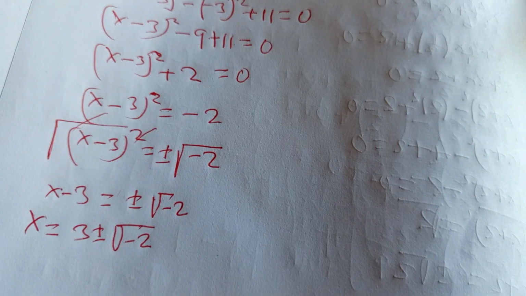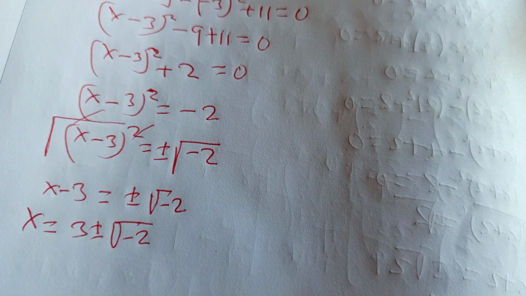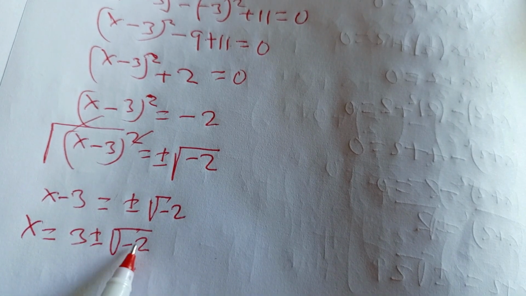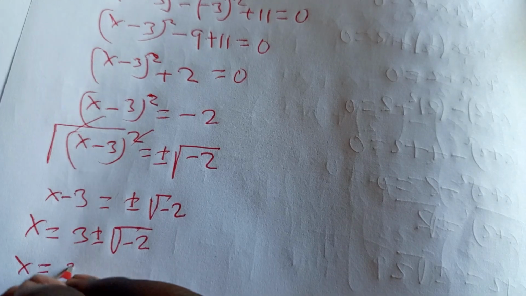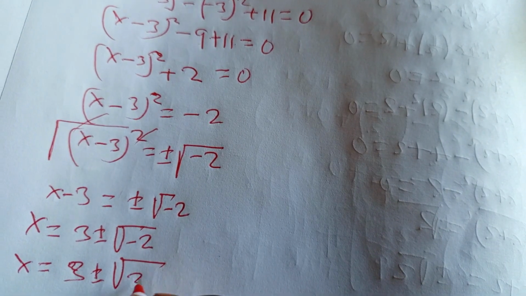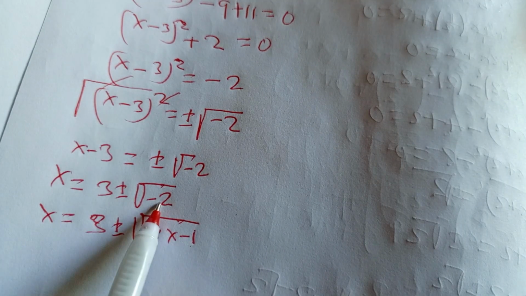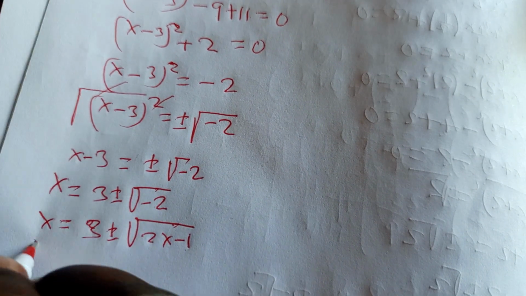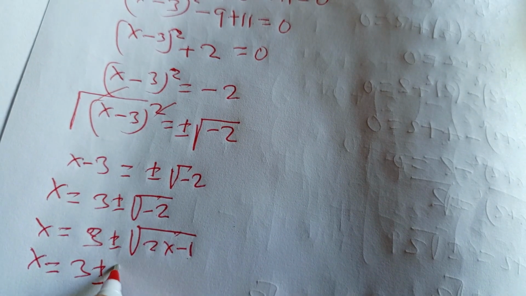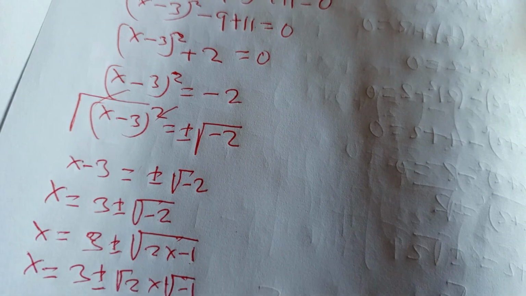Yes, so now what we'll do here, I can try to simplify this one, because this is the same as x is equal to 3 plus or minus root of 2 times negative 1. Because I know that 2 times negative 1 is negative 2, which is the same as this one. So x is equal to 3 plus or minus a root of 2 times a root of negative 1.